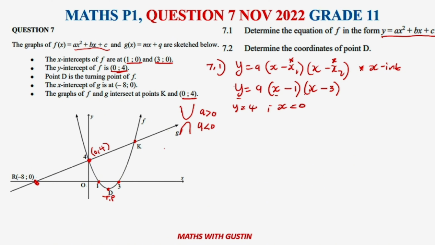Let's substitute: 4 equals a times (0 minus 1) times (0 minus 3).